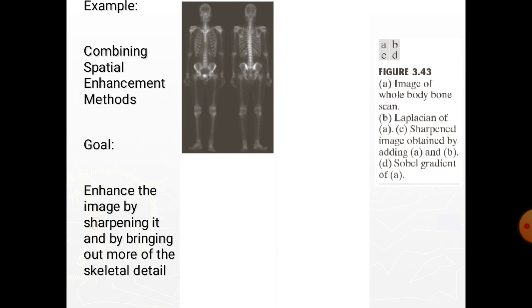The strategy we will follow is to utilize the Laplacian to highlight fine detail and the gradient to enhance prominent edges, and for reasons that will be explained shortly, a smoothed version of the gradient image. Now figure B shows the Laplacian of the original image.